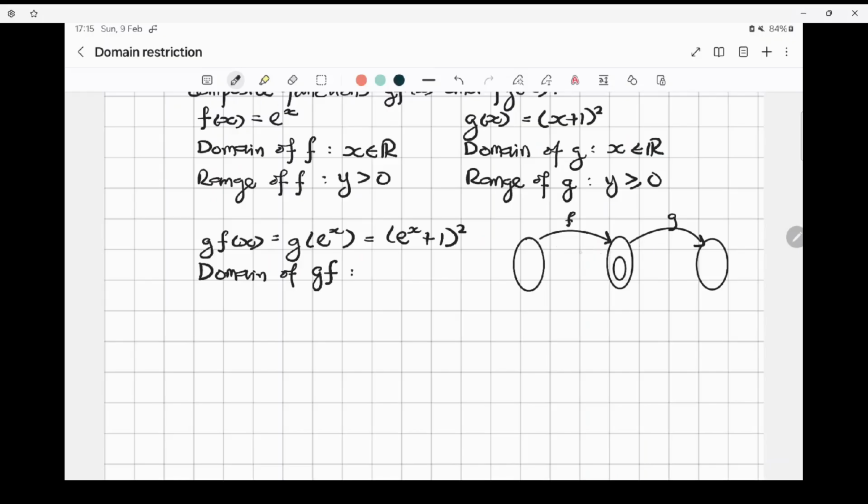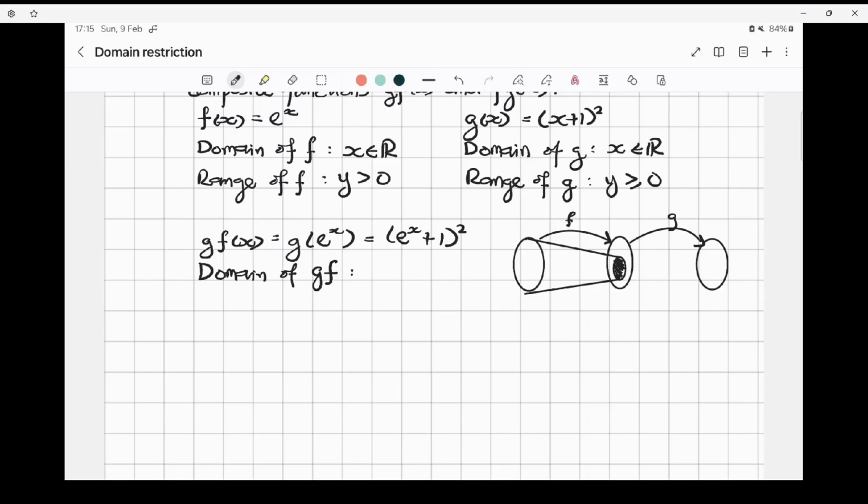But you can see that because you are mapping it to a smaller subset, your g actually only functions on this particular smaller domain, the one shaded in black. So when you go to the other side, the range of g of f will become smaller. It will not become y greater than or equal to 0.